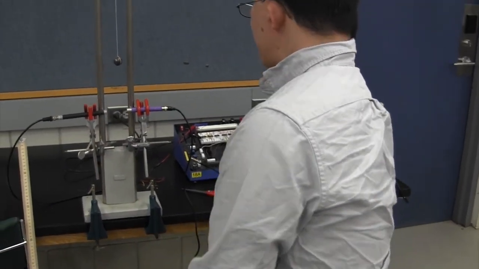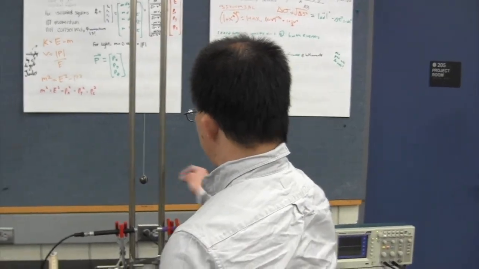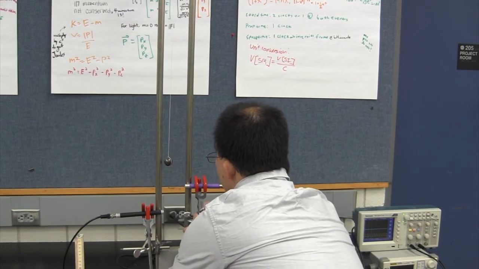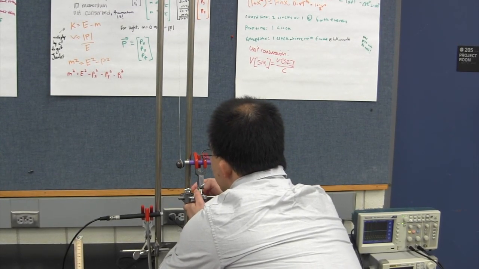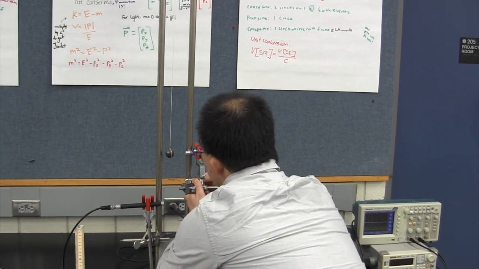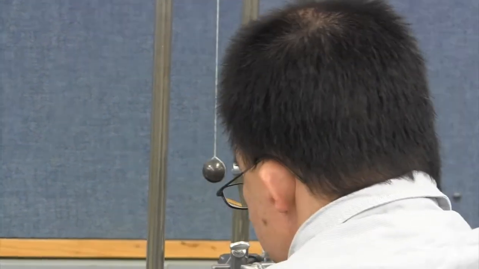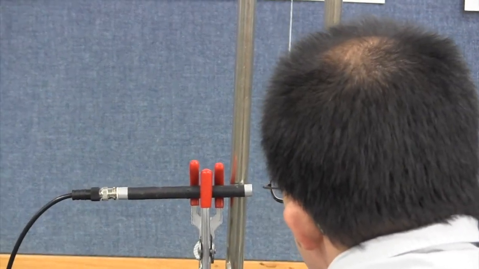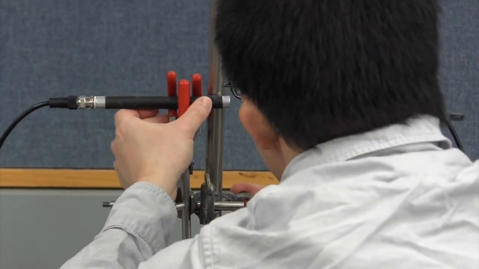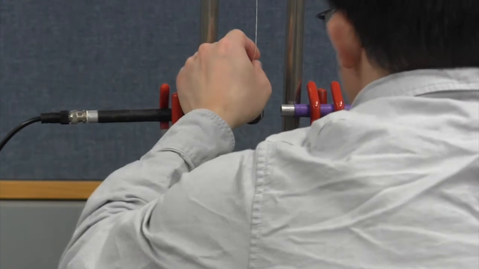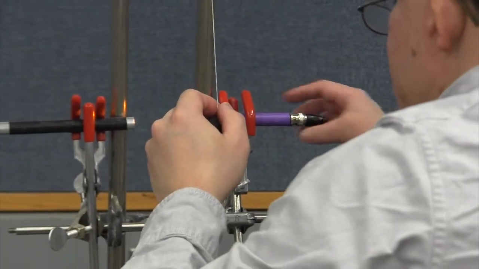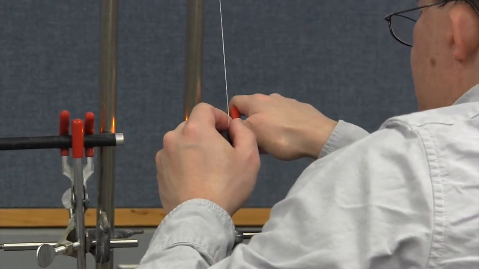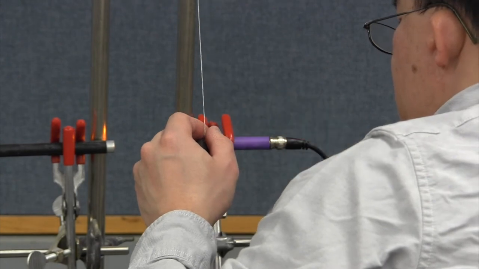I now need to rig up my photogate to get this to work. I'm going to raise this one first, and like that. I'm going to raise this side here as well. I'm going to turn this on and make sure that I've got light shining into my photo transistor.